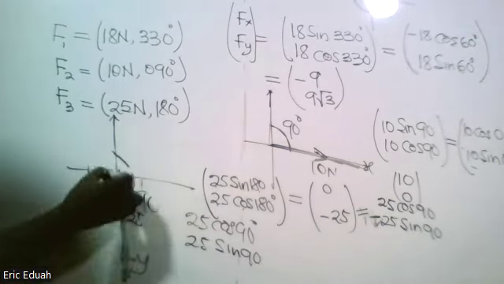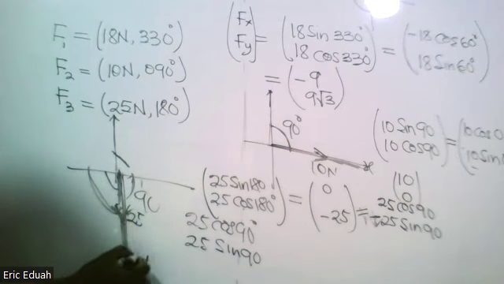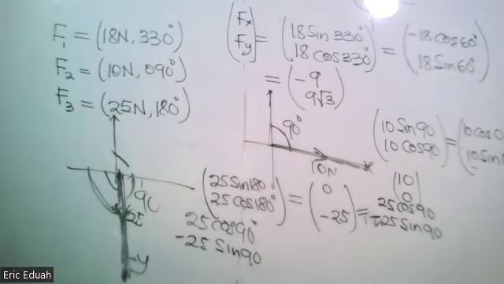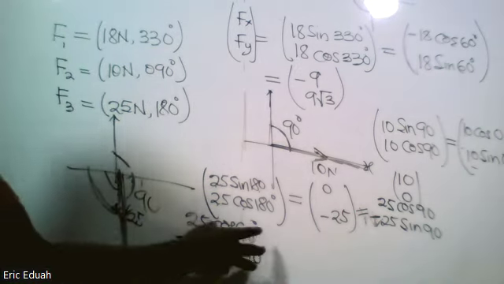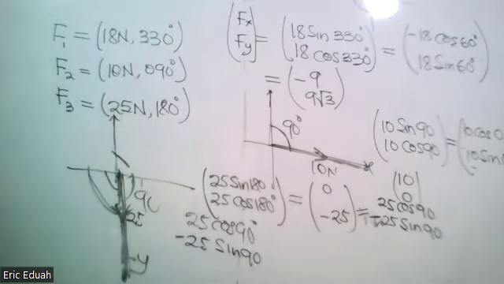Now, the y component falls along the negative y, so you negate it. And when you negate it, either the angle it makes with y or x would give you the same results.